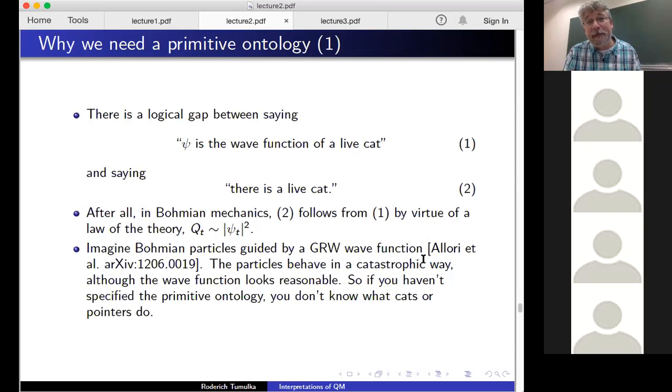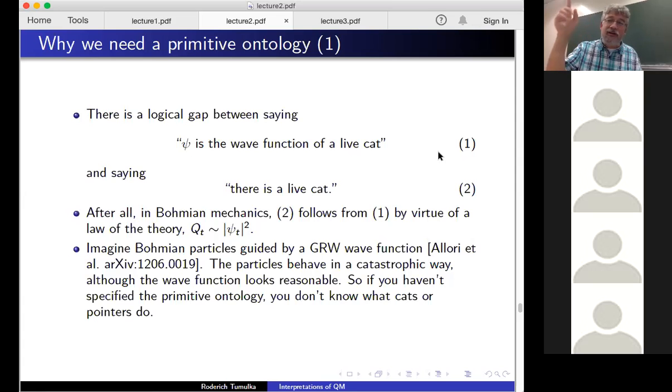For example, you could imagine Bohmian particles guided by a GRW wave function. Here's a paper where that is discussed. The particles then actually behave in a catastrophic way. Although the wave function looks reasonable, these GRW wave functions look better than ordinary wave functions because you don't have the macroscopic superpositions anymore.